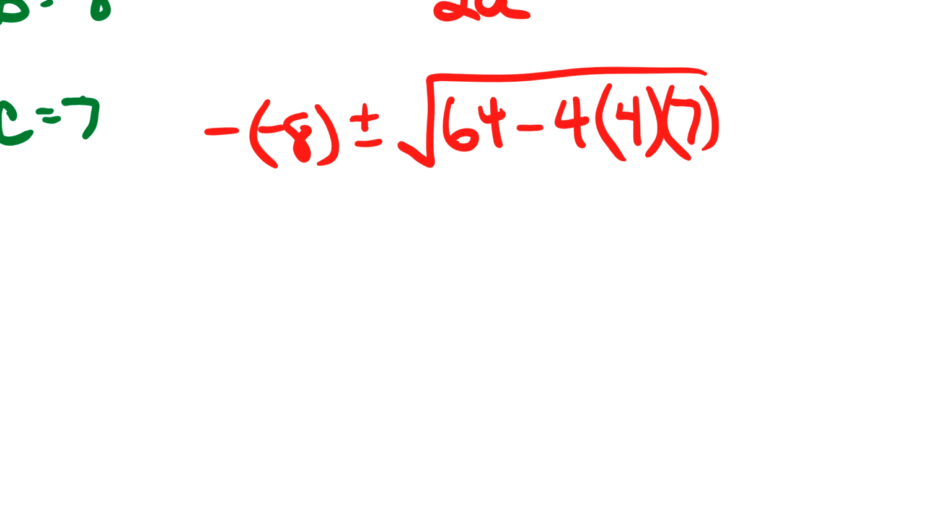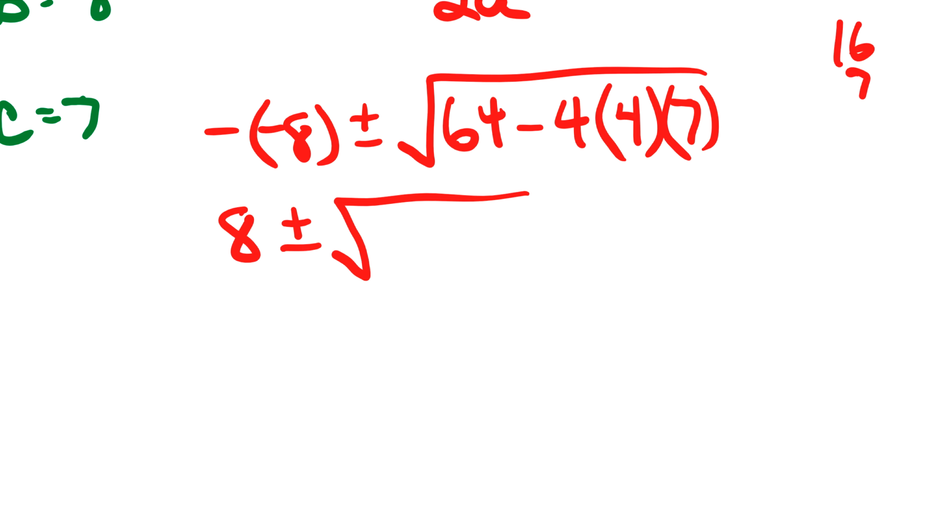All right, so I'm going to have 8 plus or minus, and let's see, square root of something's going to go there. That's going to be 64 minus what this is going to be here. So what is this, 16 times 7, I could say. 16 times 7, that's 112. That's what this is, so it's 64 minus 112.